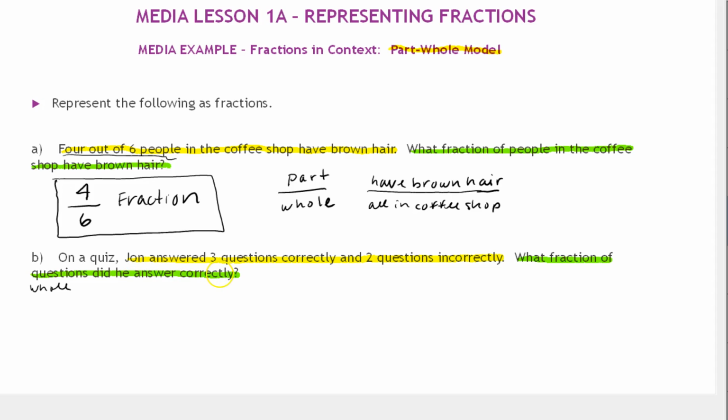Did he answer correctly? So the correctly is going to be the part. Okay. So let's put number correctly over total number of questions.